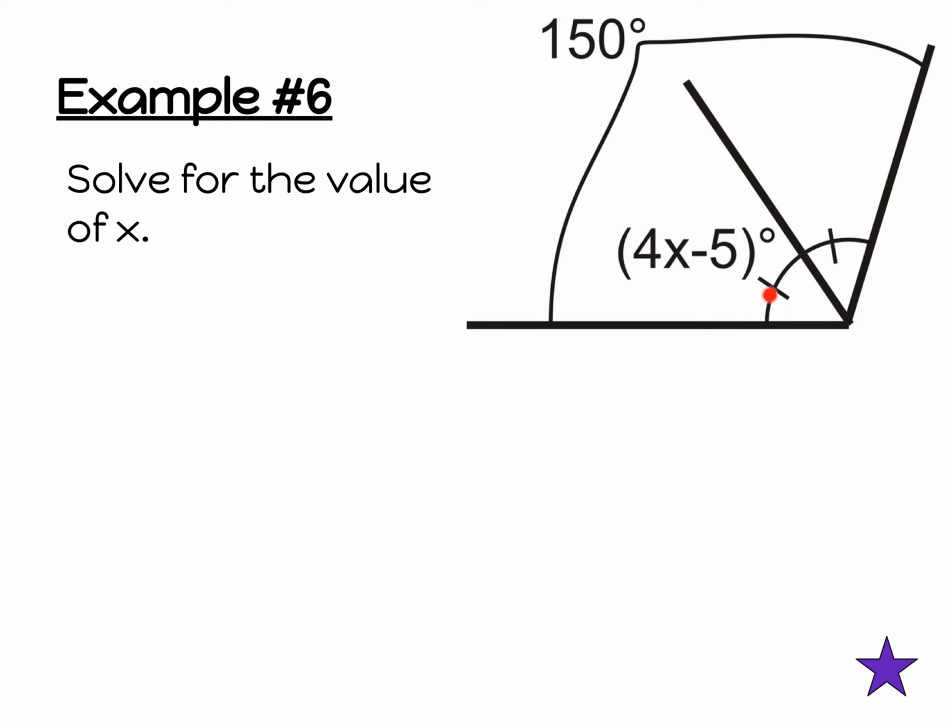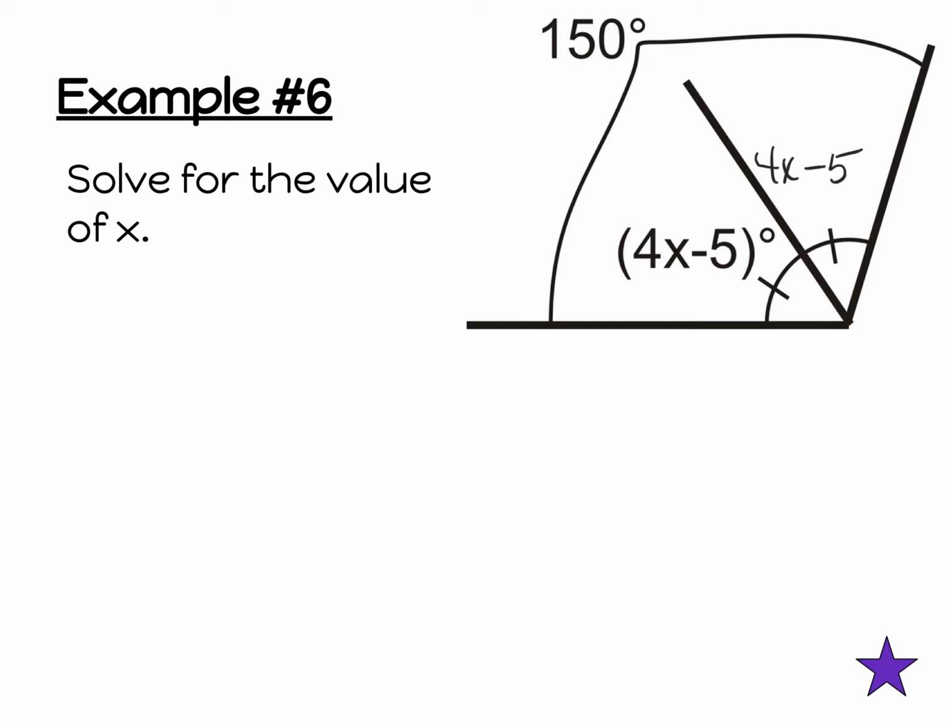And I can see this little bit here is 4x minus 5. So keep in mind, because these two angles are congruent, I should be able to use my 4x minus 5 up here as well. So I'm going to go ahead and write in 4x minus 5. And I can only do that again because my two angles are congruent.